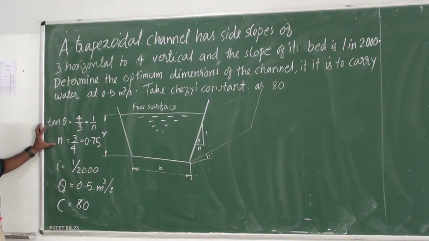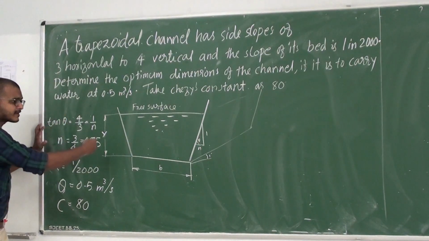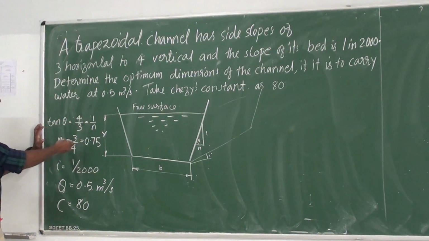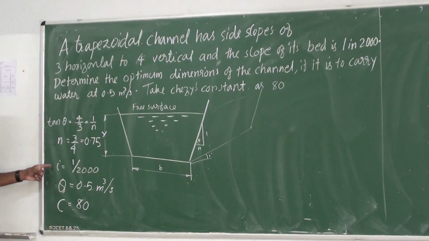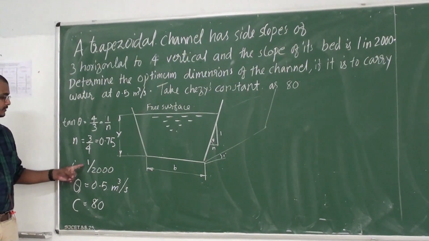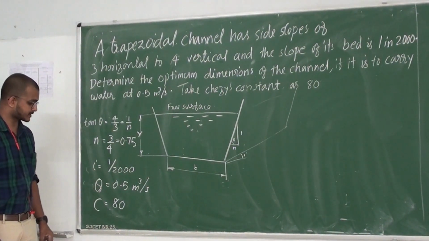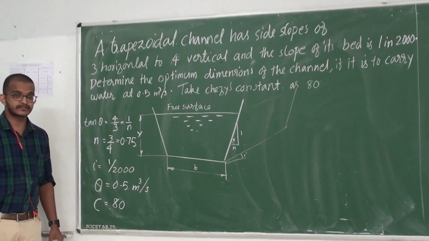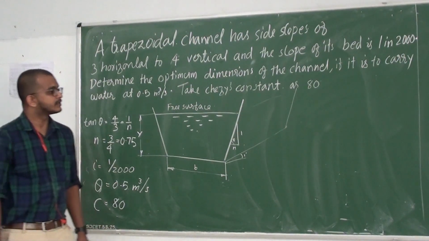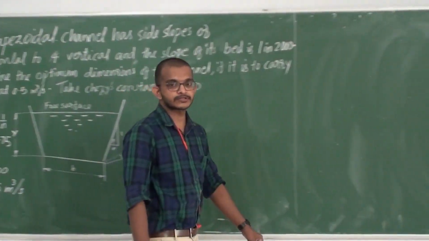So, we have to make this channel the most economical one without changing n equal to 0.75. The other given data is I equal to 1 by 2000, discharge Q equal to 0.5 meter cube per second and Chezy's constant C equal to 80.